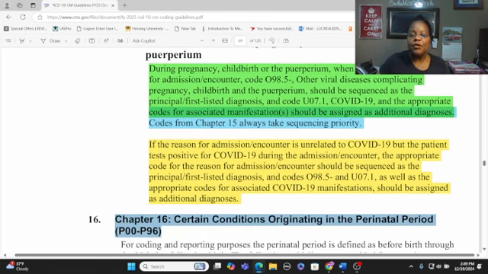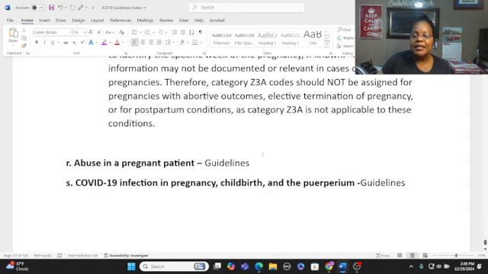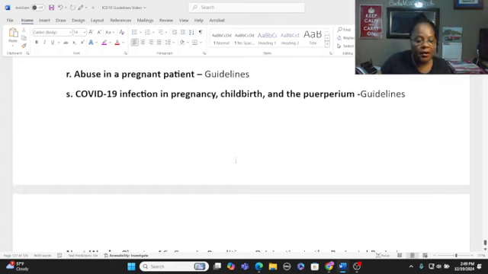All right, and if the reason for the admission or encounter is unrelated to COVID-19, but the patient tests positive for COVID-19 during the admission or the encounter, then the appropriate code for the reason for the admission or encounter should be sequenced as the principal or first listed diagnosis, and code O98.5 and U07.1, as well as the appropriate codes for the associated COVID-19 manifestations, should be assigned as additional diagnoses. All right, straight from the guidance, and it follows the COVID-19 coding as well, but just putting the priority back on the pregnancy first.